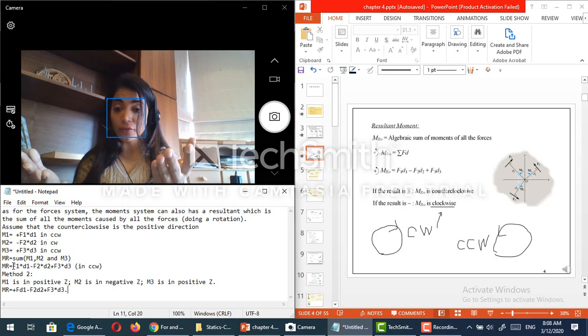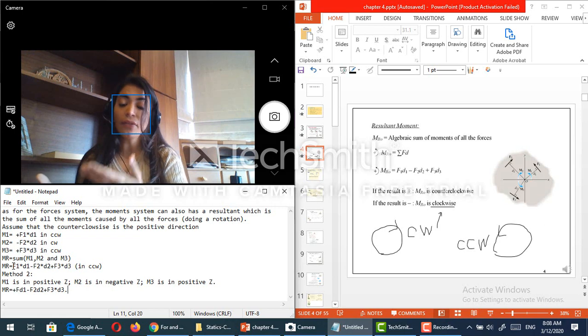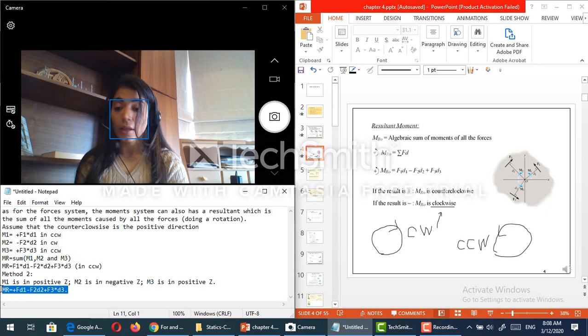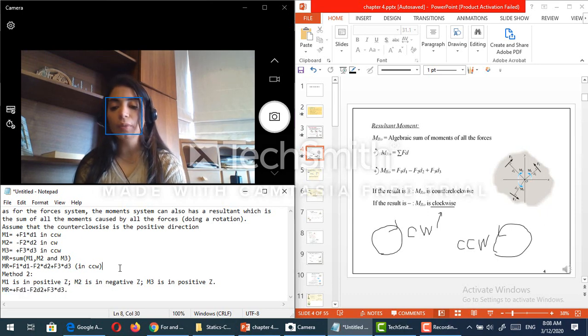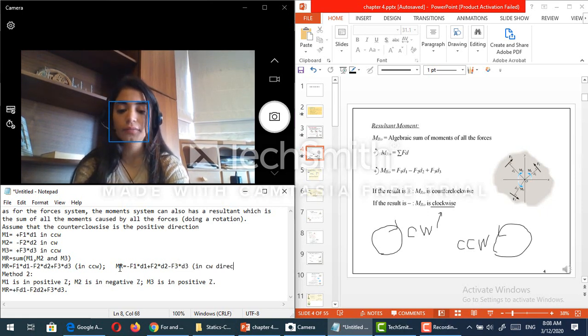So you are asking yourself now that if I'm assuming that the clockwise direction is the positive one, then I will have the opposite answer than this one, then this M resultant. Basically, no. If you are assuming that M resultant is in the clockwise direction, you should say this, plus F2 d2 minus F3 d3. This is in clockwise direction.